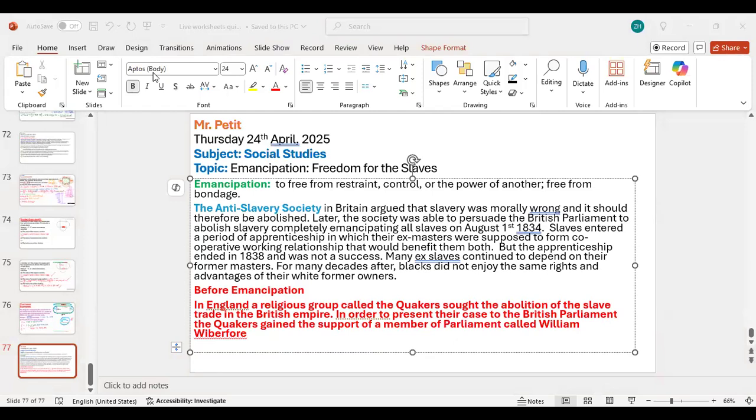They had to make it law, right? So it had to become law that, hey, it's wrong. So they had to go to parliament to change that. In order to present their case to the British Parliament, the Quakers gained the support of a member of parliament called William Wilberforce and two of his friends.